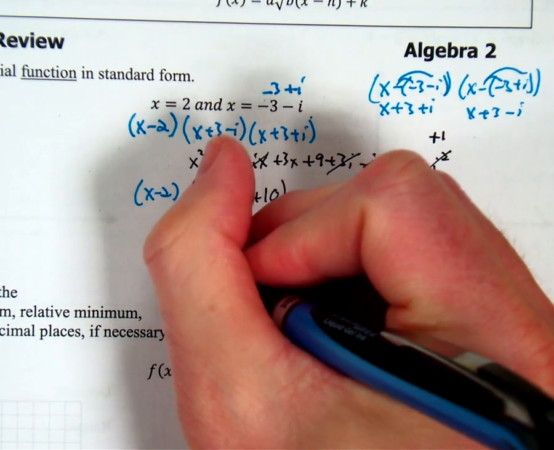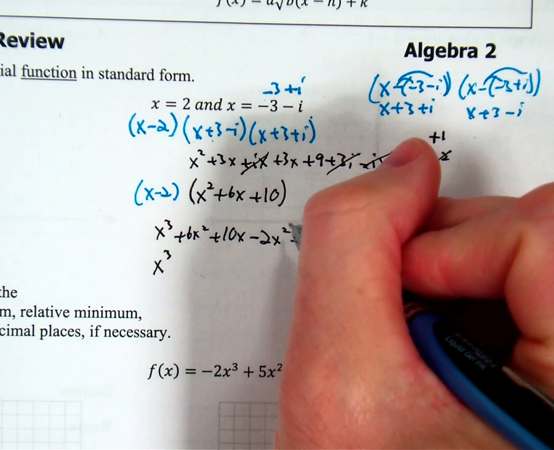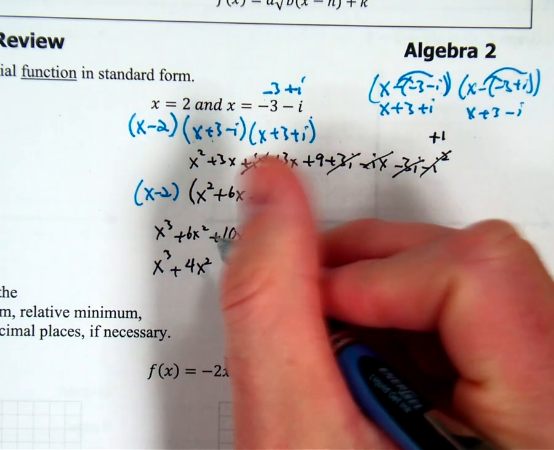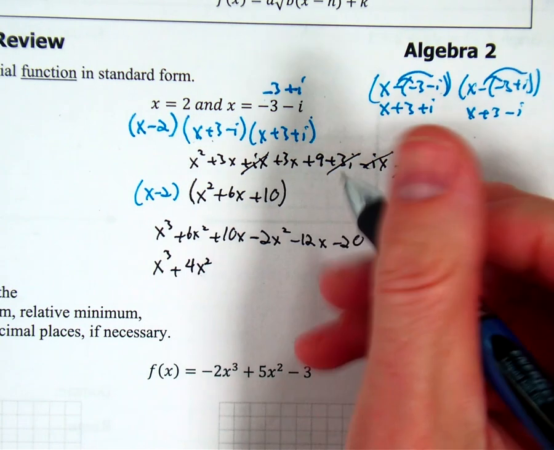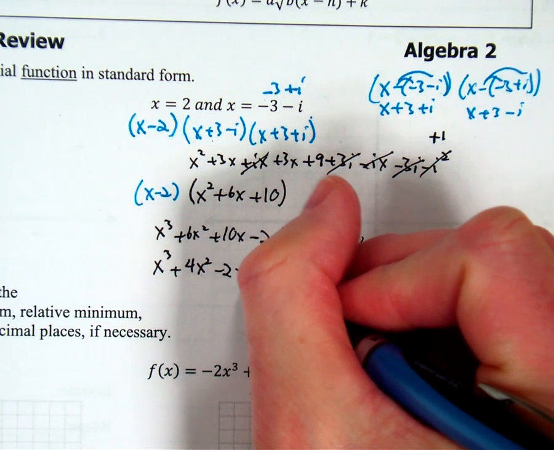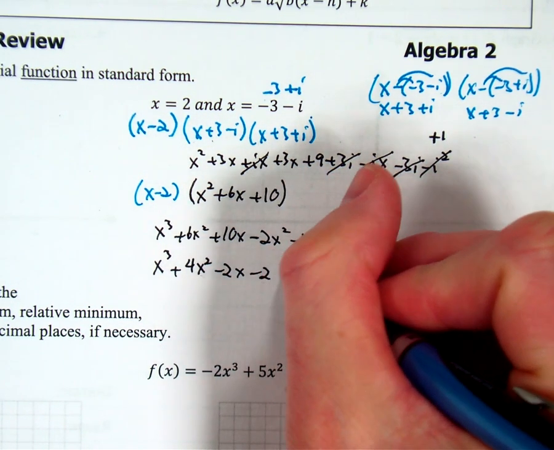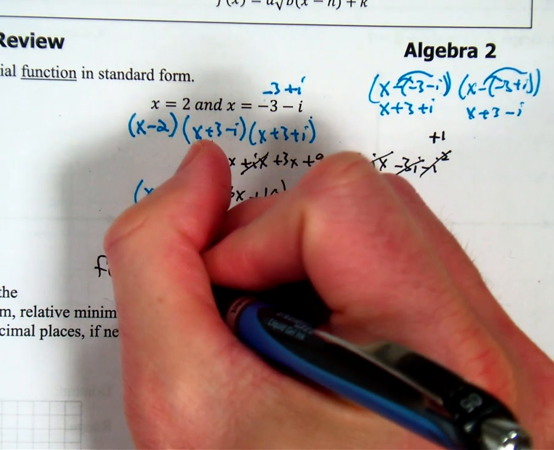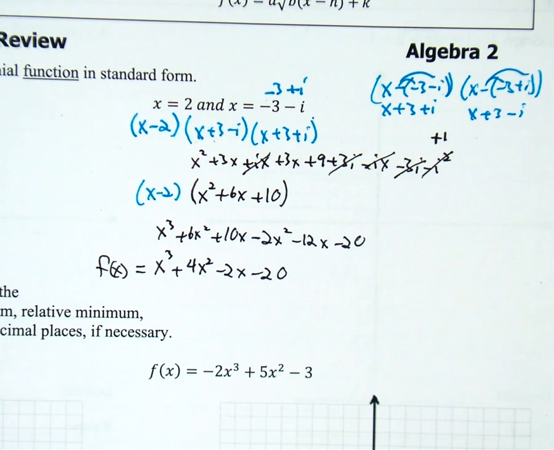So we'll have x to the third plus 4x squared, 10x and negative 12x is minus 2x, minus 20. And don't forget to write f of x equals on the answer line. We did it. We made it all the way.